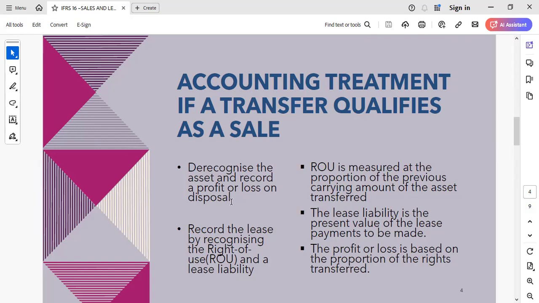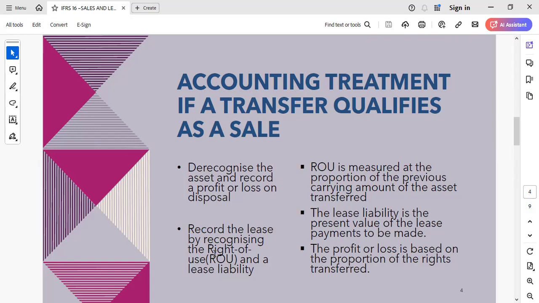Then step 2, because you've leased the asset back, you recognize a lease liability by recognizing the right of use of the asset and then the present value of the lease payments, the future lease payments that you are yet to make.